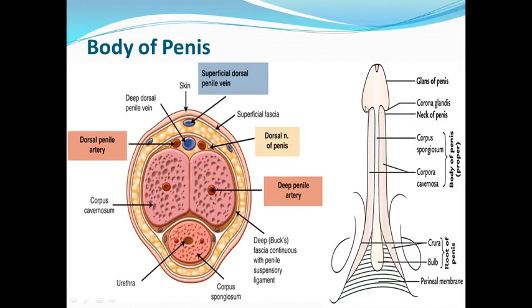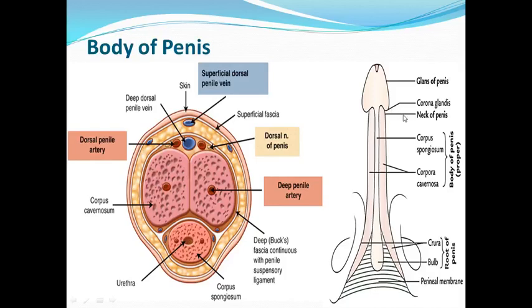It covers the grooved constriction. As you trace the whole length of the corpus spongiosum, you can see a constriction just at the level of the glans penis, and this part of the penis is called the neck of the penis. At the neck, the projecting margins of the glans penis are known as the corona glandis.